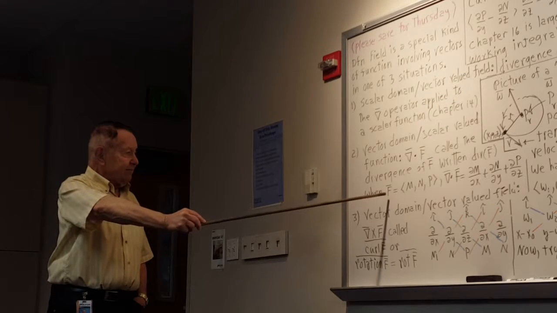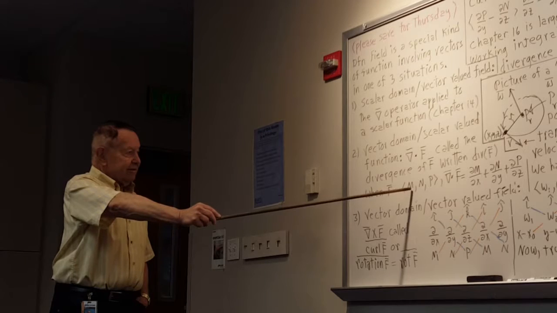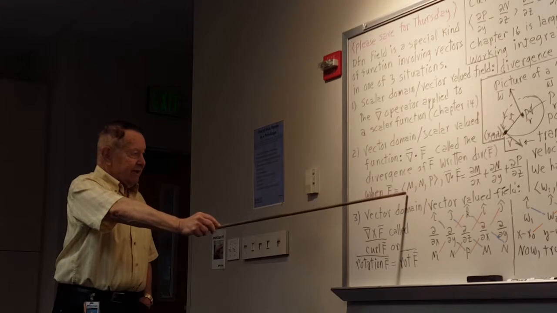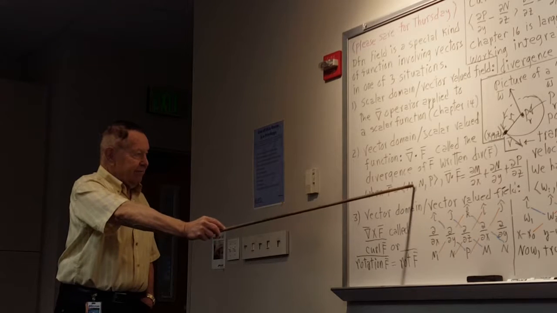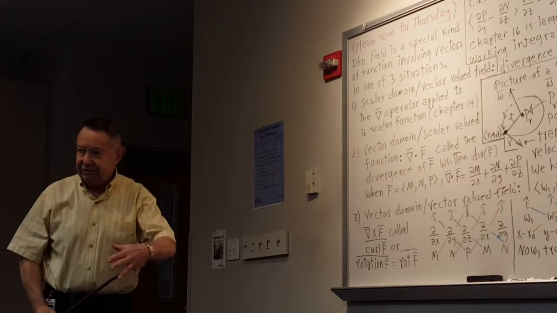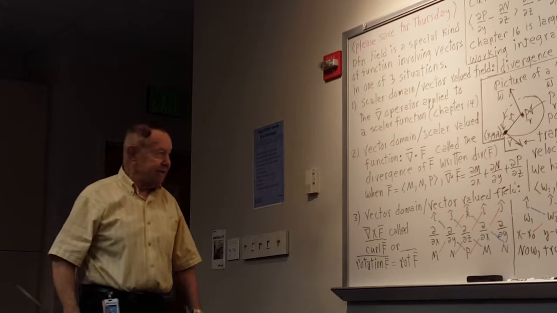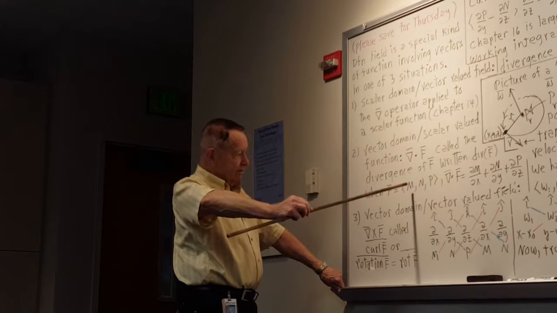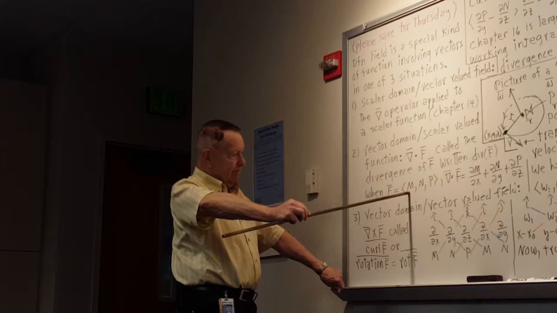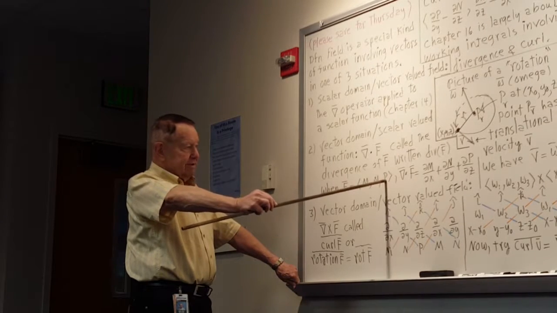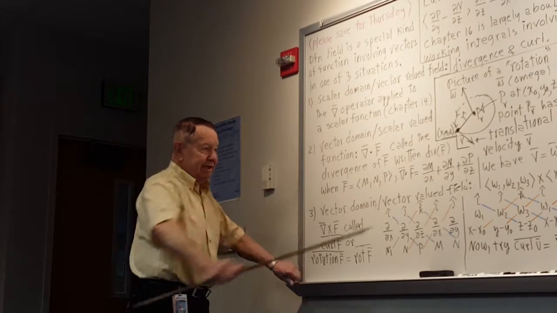For example, if you're thinking of three component vectors, if your field is a vector like this, where M, N, and P are differentiable functions of x, y, and z, then you can do del dot F. It will be the partial of this one with x, plus the partial of this one with y, plus the partial of that one with z.